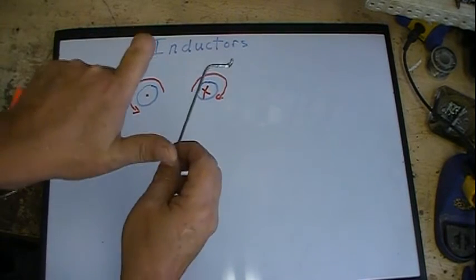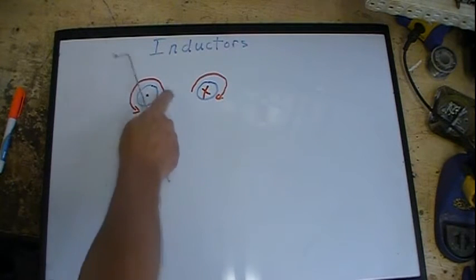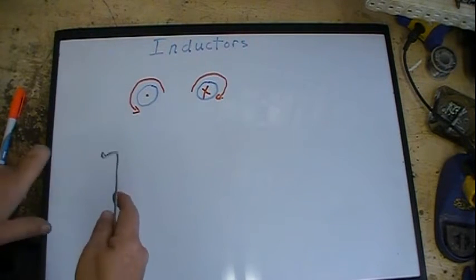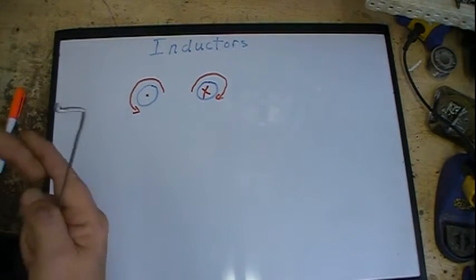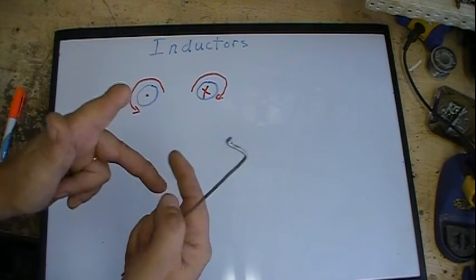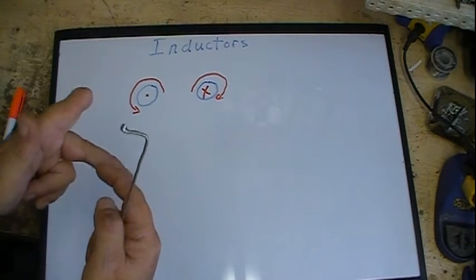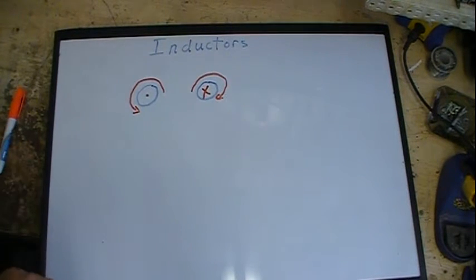The direction of your finger will be the direction of the magnetic flux, and consequently your middle finger will then be the current, the counter EMF that's induced into the wire.